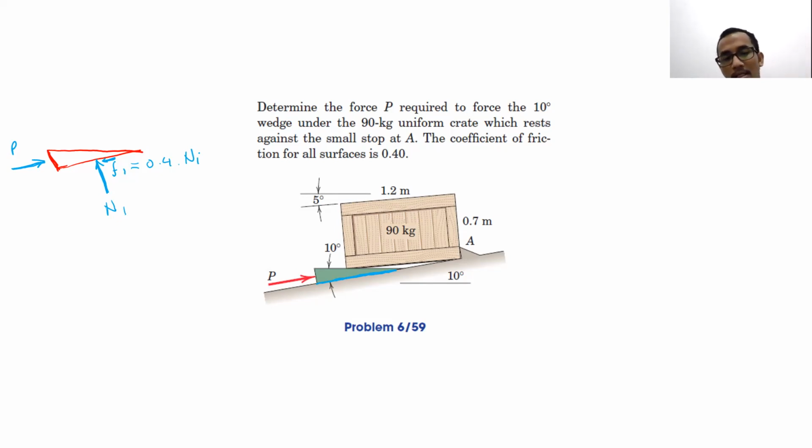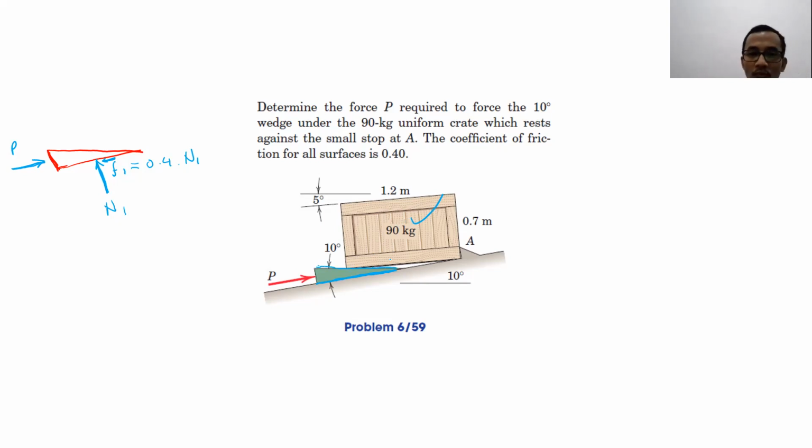Actually, it's not necessary we have to use the wedge or we have to use the mass like that. But when we think about this, the friction between the crate and the wedge, okay, you can see right, that the friction at the crate only happening at one particular point. But at the wedge, because of the movement, it's supposed to be happening at the surface.